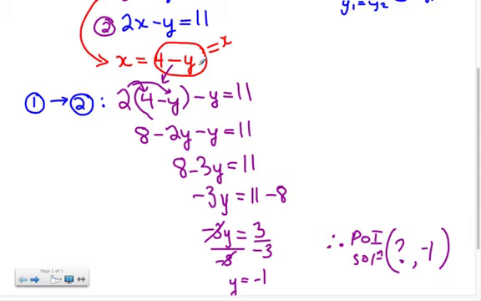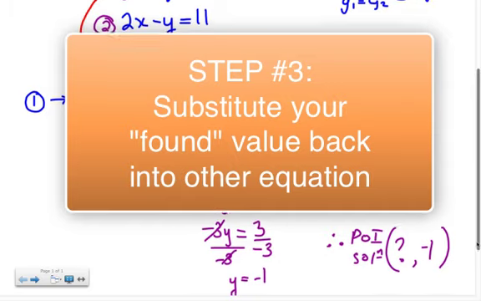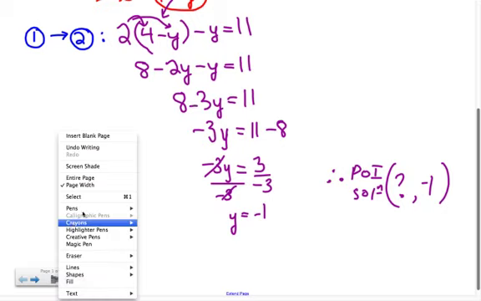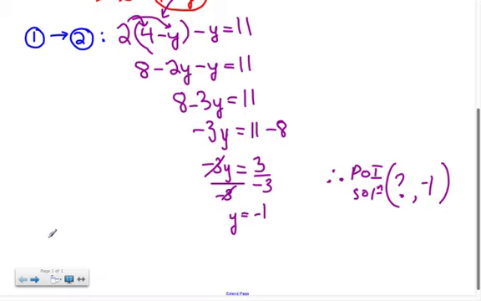So now my next step is to sub that y equals -1 back into x equals 4 minus y. So watch this next step. I'm going to take what I just found here, y equals -1, and I'm going to sub that back into equation 1.